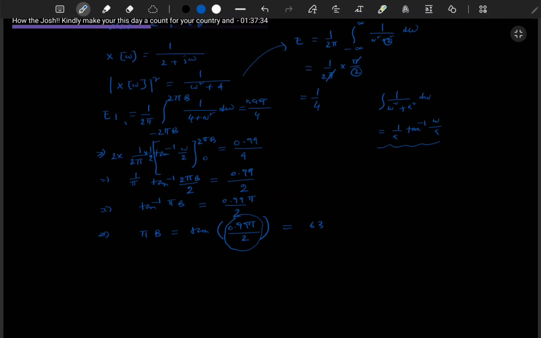So it will come 63.56. B equal to 63.56 by pi, equal to 20.26 hertz.